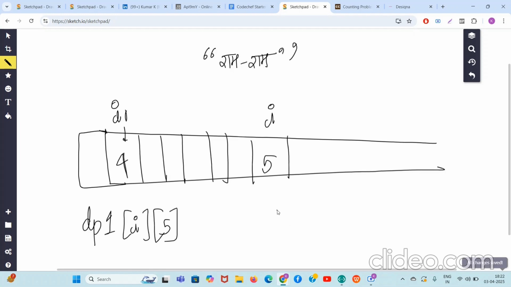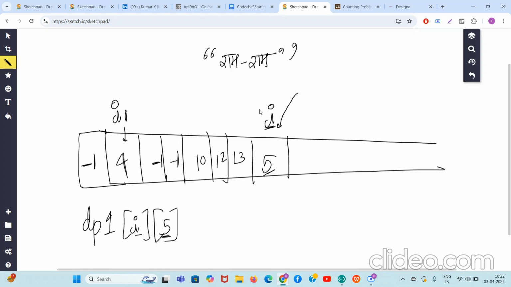All the strictly increasing sequences which end at index I, where the ending number at the ith index is 5. Which are those sequences?